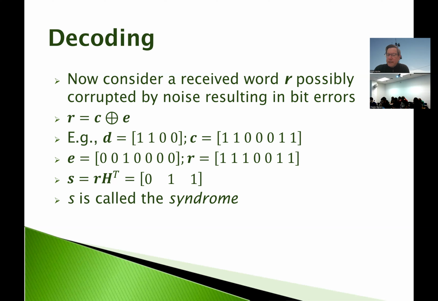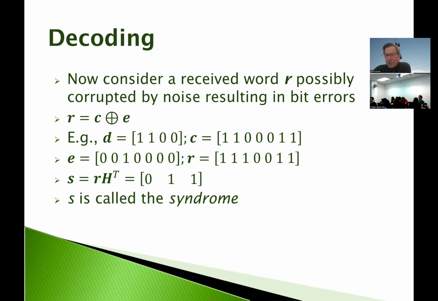When we do this modulo 2 addition to the sent code word C, if it's a 0, it doesn't change that bit in C. But if it's a 1, it's going to change a 0 to a 1.